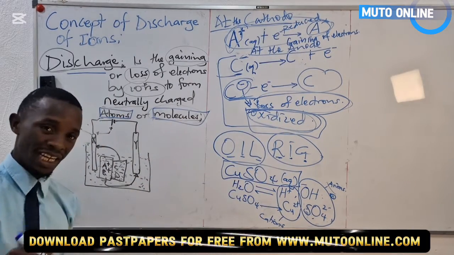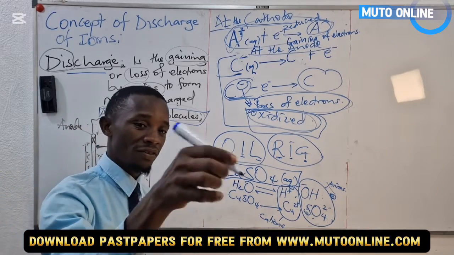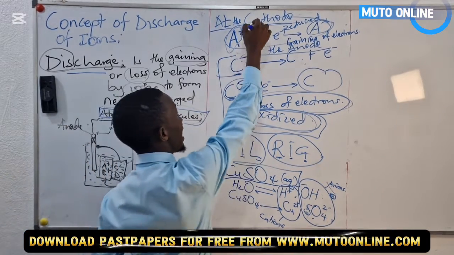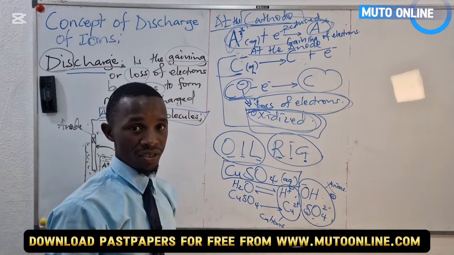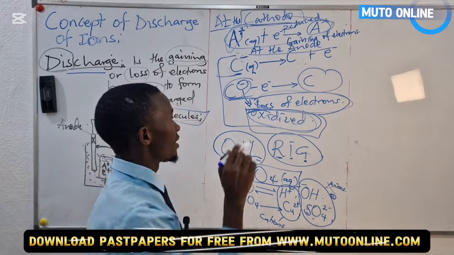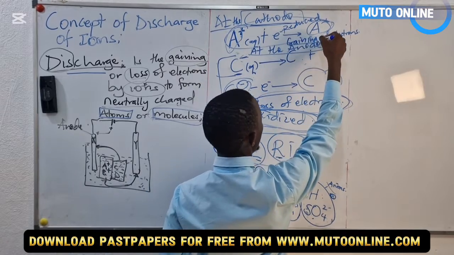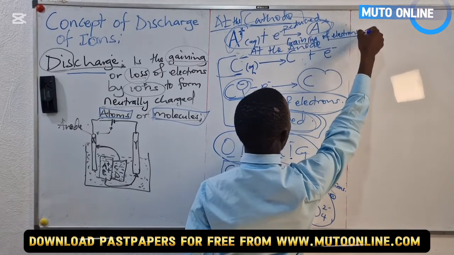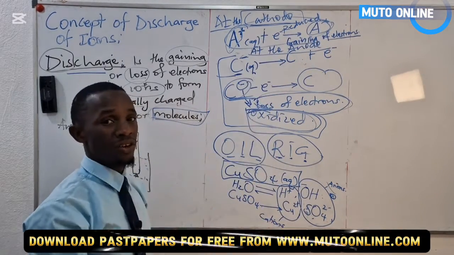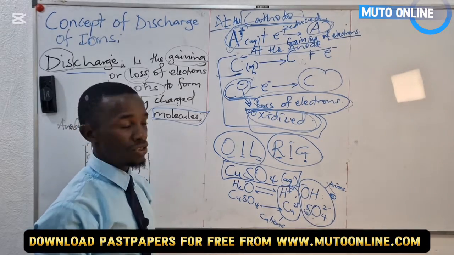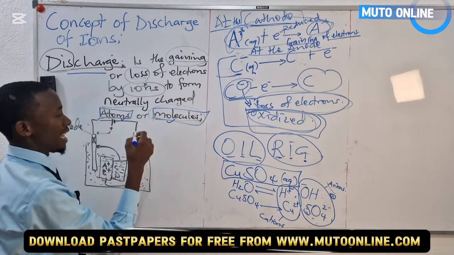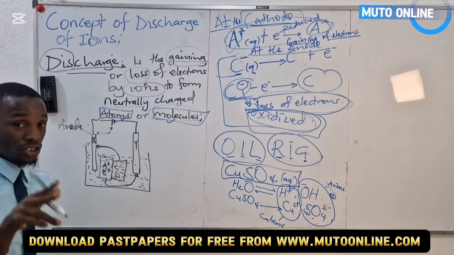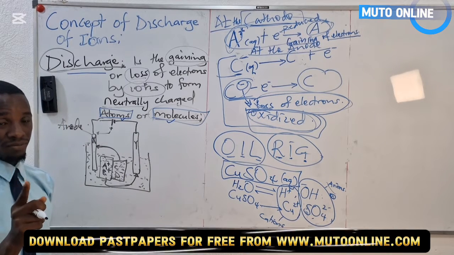The positively charged ions will migrate to the negatively charged electrode, which is the cathode. Once at the cathode, one of them will be discharged by gaining of electrons or by reduction to form the respective atom or molecule of that element. Not both, one of them.